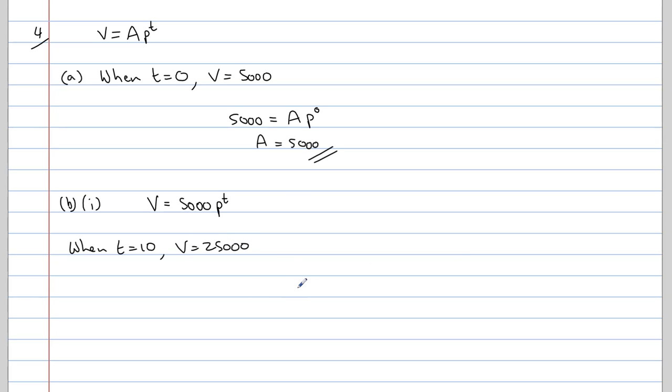So if we sub those values in, we get 25,000 equals 5,000 multiplied by P to the power 10. And 25,000 divided by 5,000 is 5, so we get 5 equals P to the power 10.